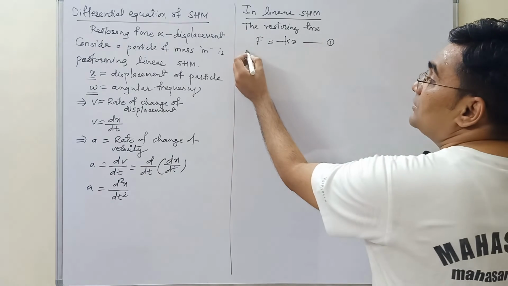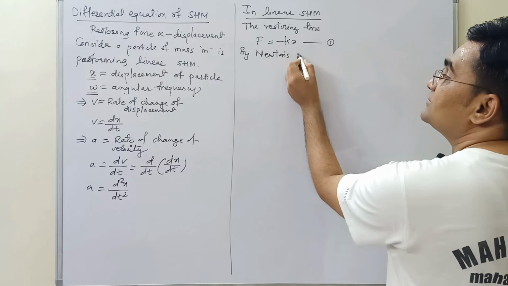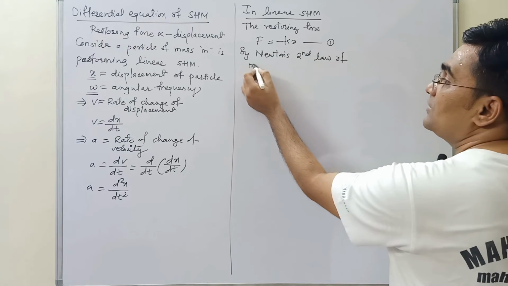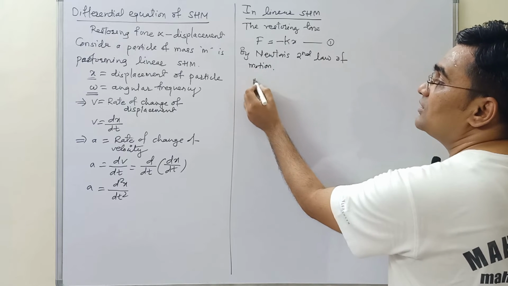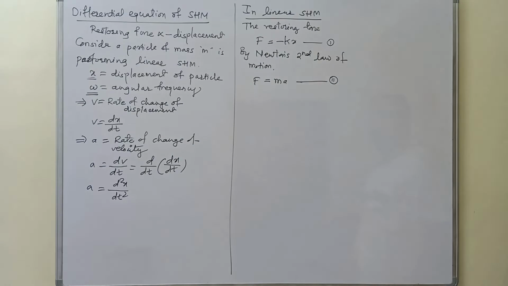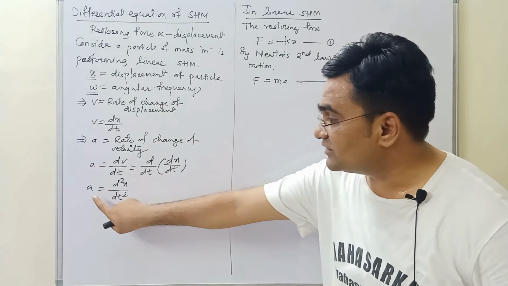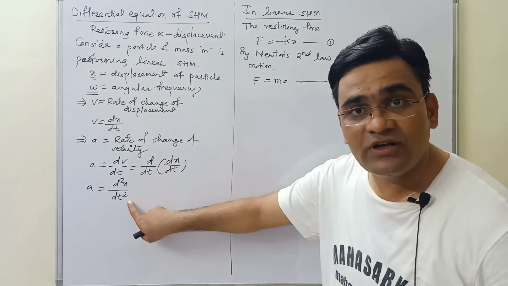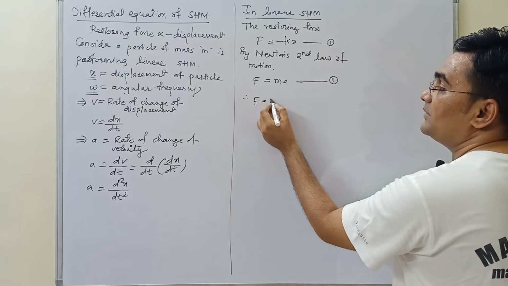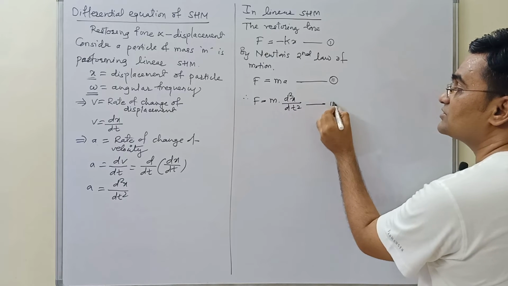Now, by Newton's second law of motion, what is the basic formula for force? Force is equal to what? Mass into acceleration. So this is equation number 2. But already I told you, if x is the displacement of the particle, then acceleration can be written as d square x upon dt square. So substituting here, what will I get? F equal to m into d square x upon dt square. So this is equation number 3.